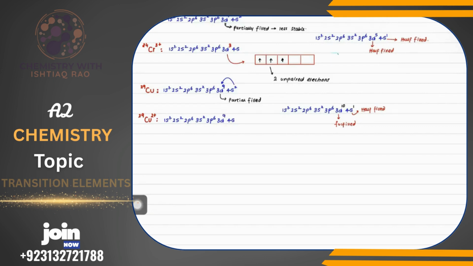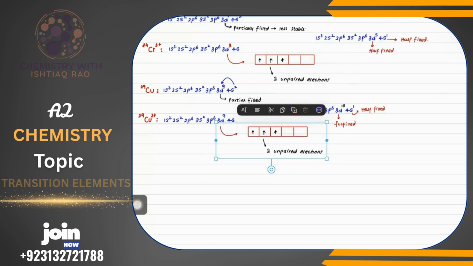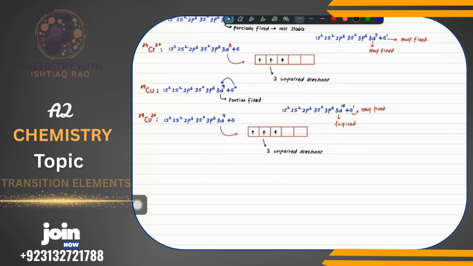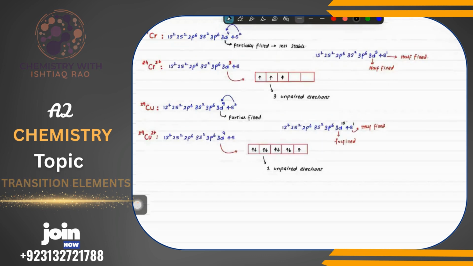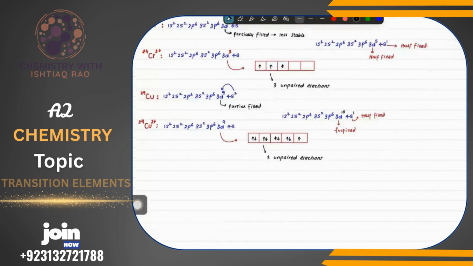So when I write this out, I can count 1, 2, 3, 4, 5, 6, 7, 8, 9. It has only one unpaired electron. And that's why, yes, copper is also a transition element.